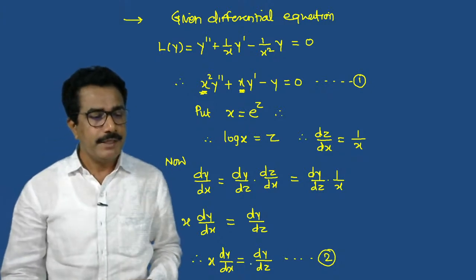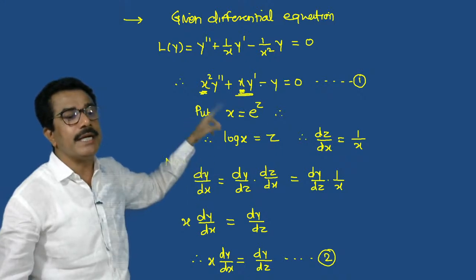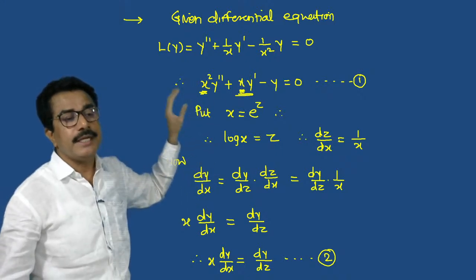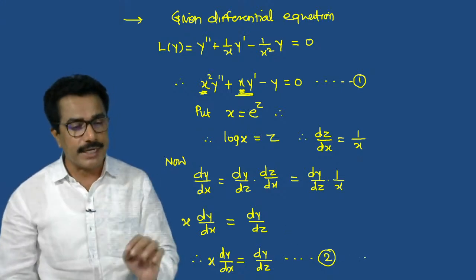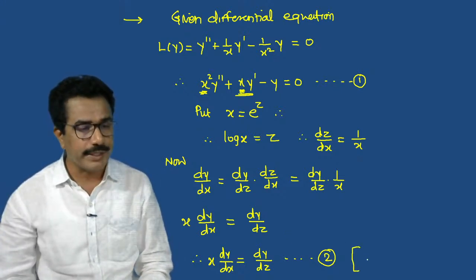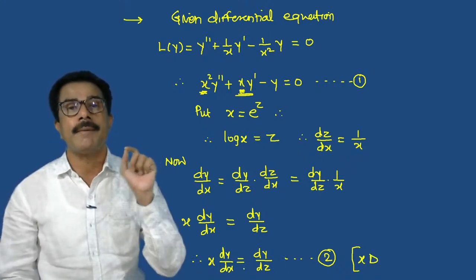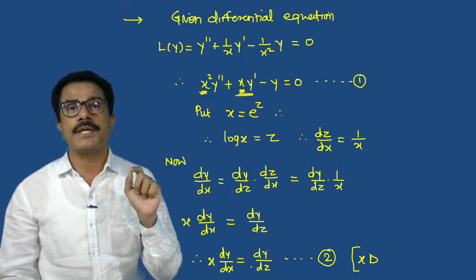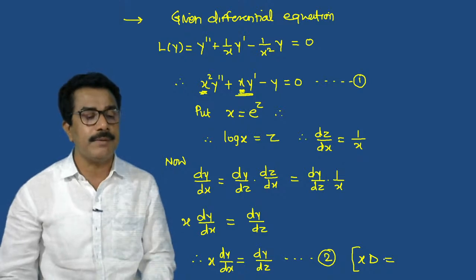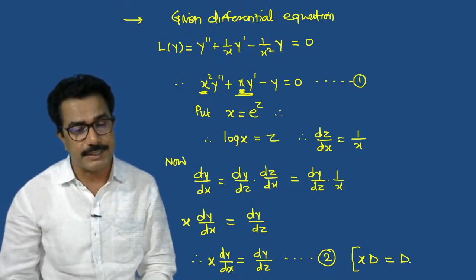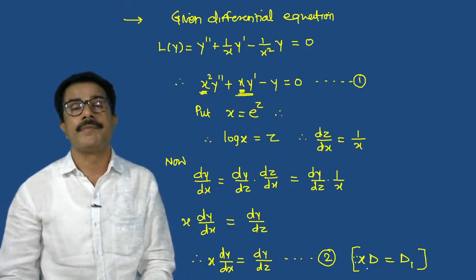Now see, we have found the value of x into dy by dx, meaning the middle term. Shortly we can write this also as x into capital D, meaning dy by dx. Capital D is a notation used for dy by dx, which is equal to dy by dz, represented by D1. Note that this is in the notation form.